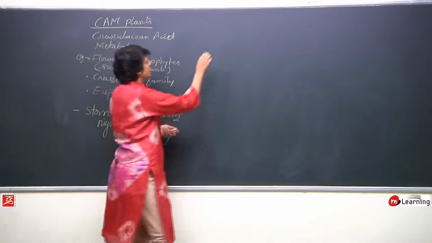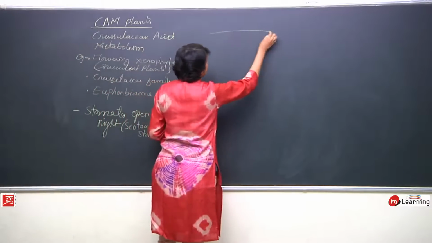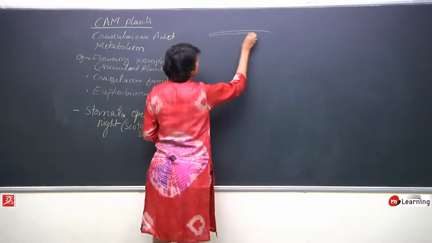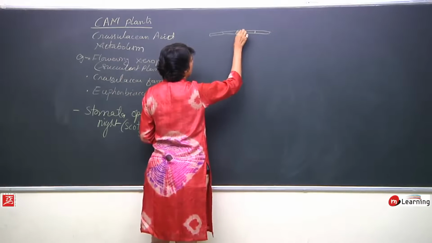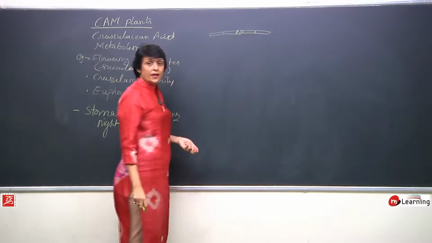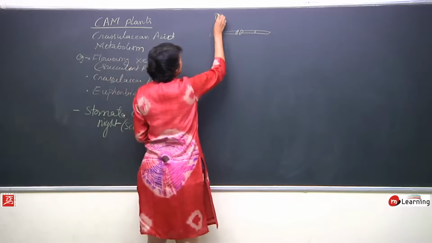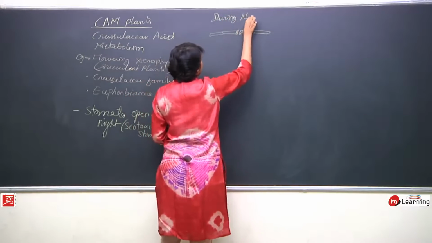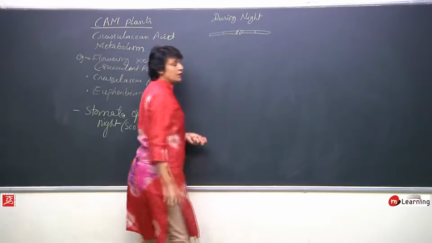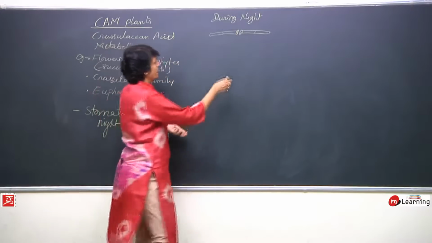So now let us take the situation. Say this is the epidermis and here are the stomata and we are showing it open, that means this is during night time. This is what happens during night, that is stomata are open.